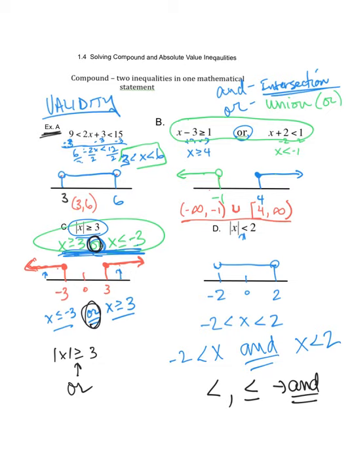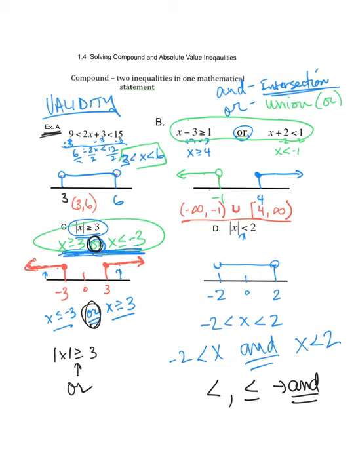So here we go. I'm going to go back to this one, okay? The first thing that I asked you guys to do in problem C was to graph what the absolute value of x is greater than or equal to 3 means.